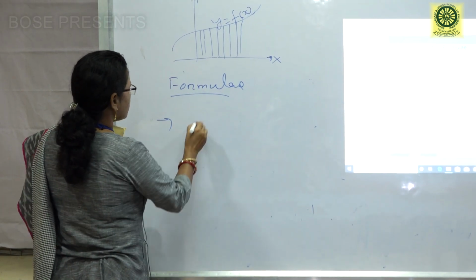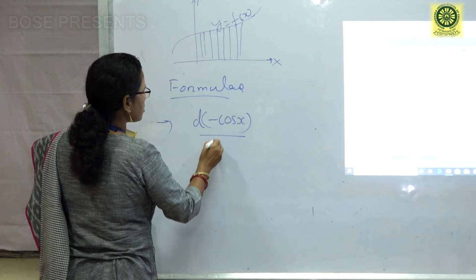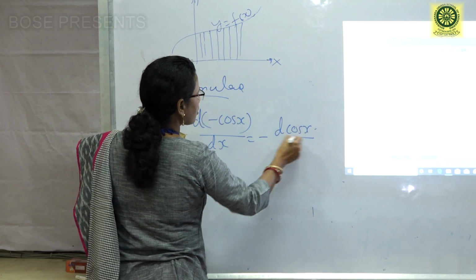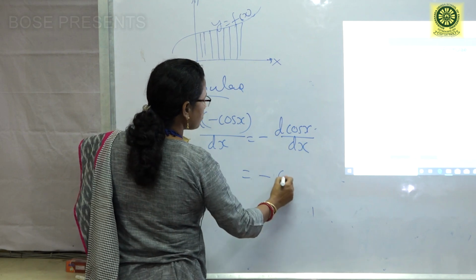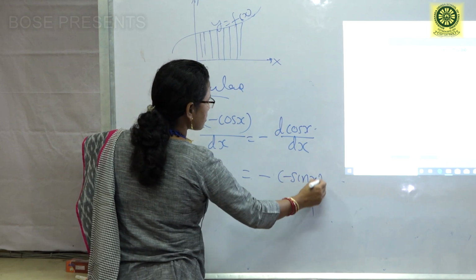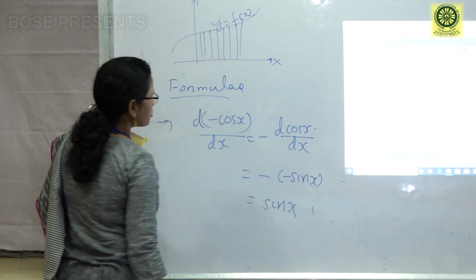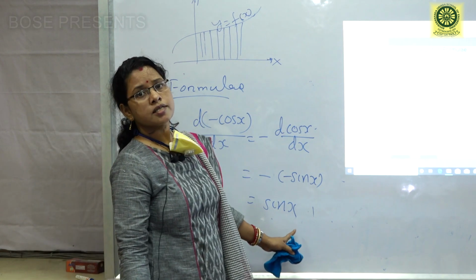That is the derivative of minus cos x. What is the derivative of minus cos x? That is minus into the derivative of cos x with respect to x, which is minus into minus sin x, that is plus sin x. So here we have found that the derivative of minus cos x is sin x.